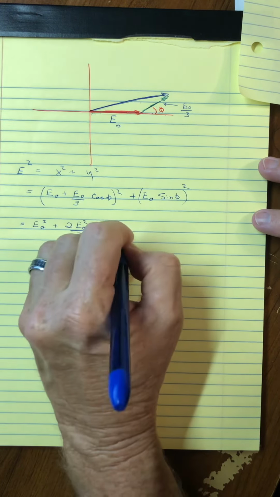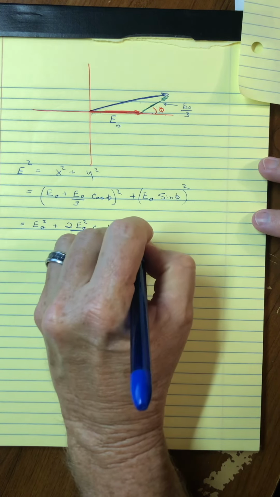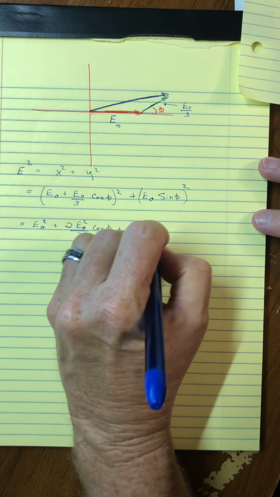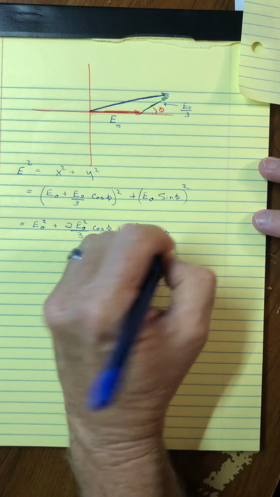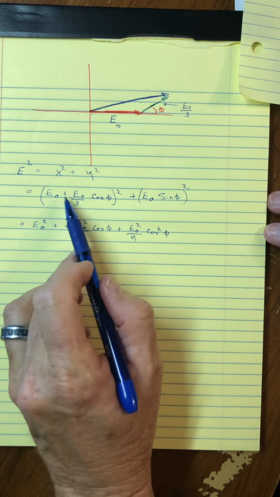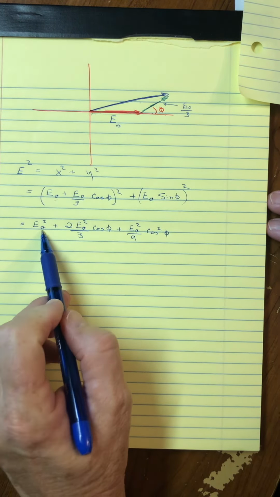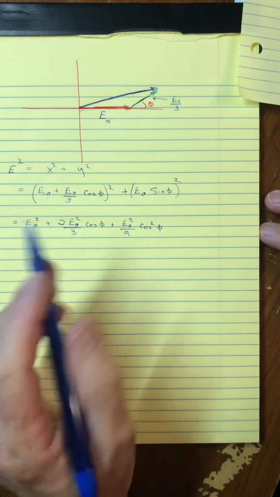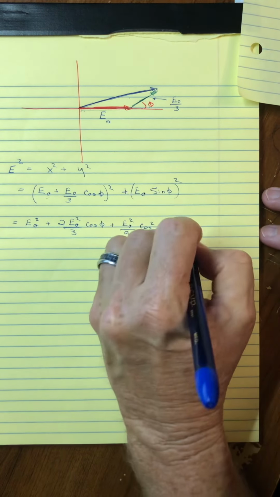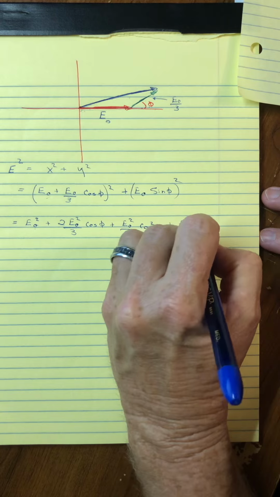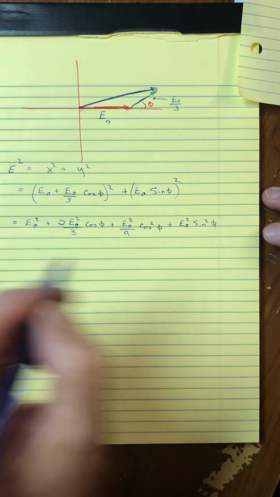And then this squared would be E naught squared over 9 cosine squared phi. So that's what happens when you have a plus b and you square it. You get a squared plus 2ab plus b squared. And then this one squared is real easy. This is just E naught squared over 9 sine squared phi.